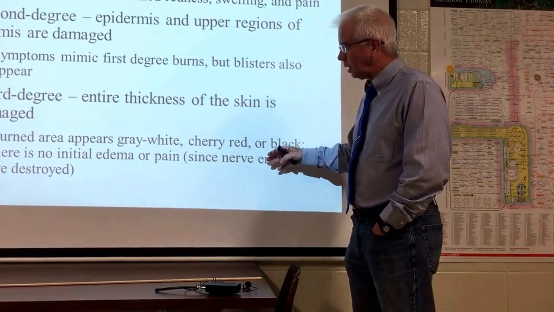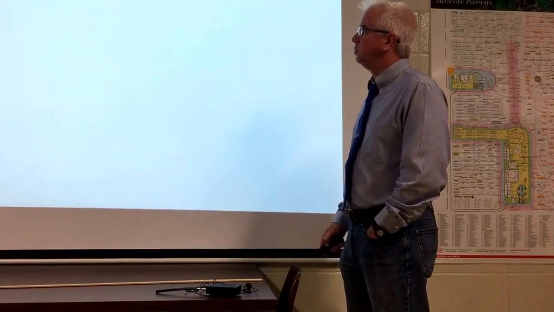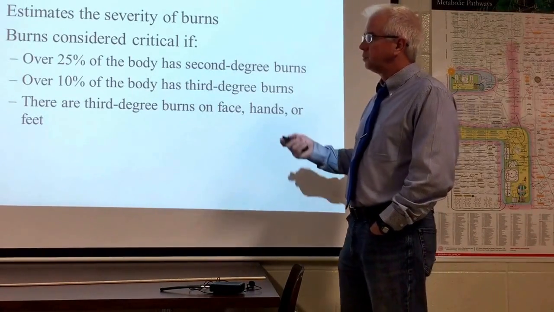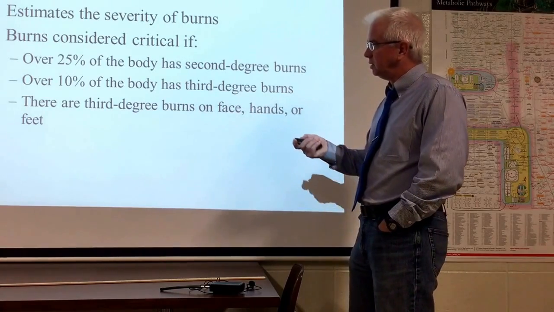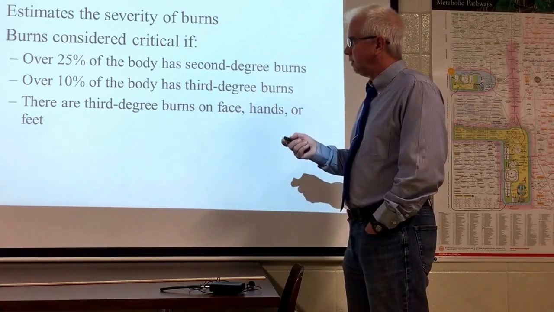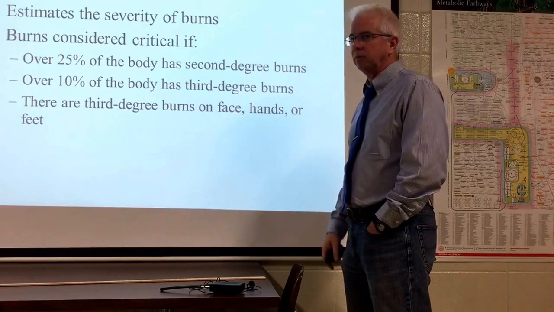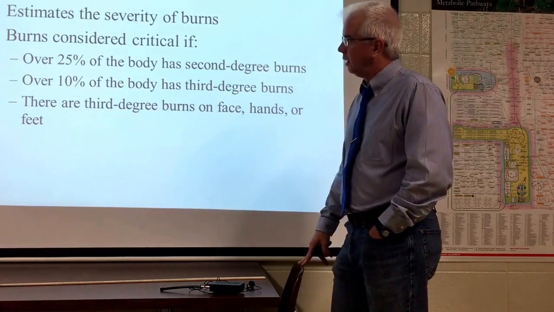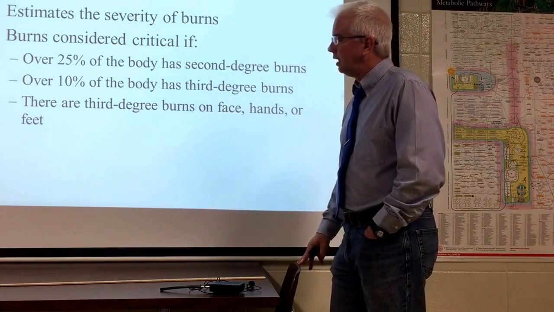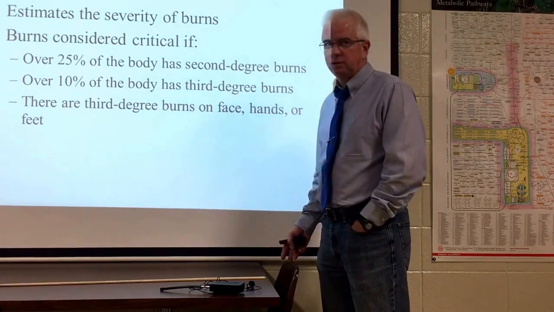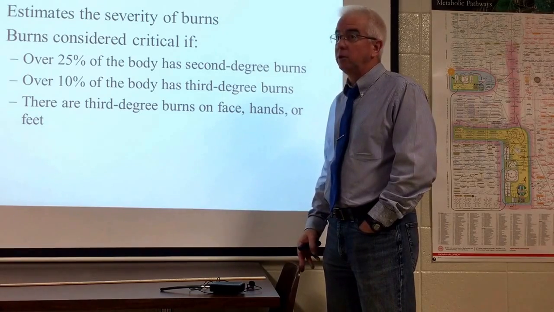So let's talk about the distributions of these burns using the rule of nines. So this rule estimates the severity of burns, and we say that you have a critical burn on your body if a quarter of it is covered with second-degree burns. I think I would argue that there are young people who have critical burns because of their trips to the beach every year who don't even know.